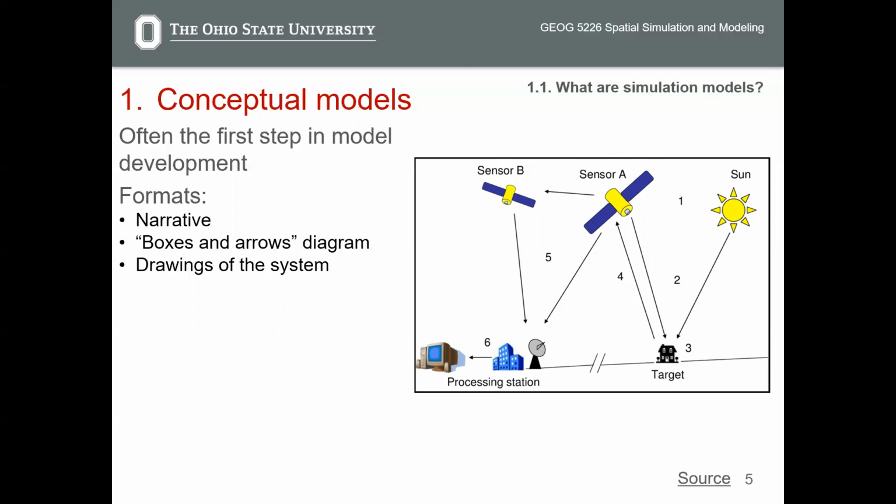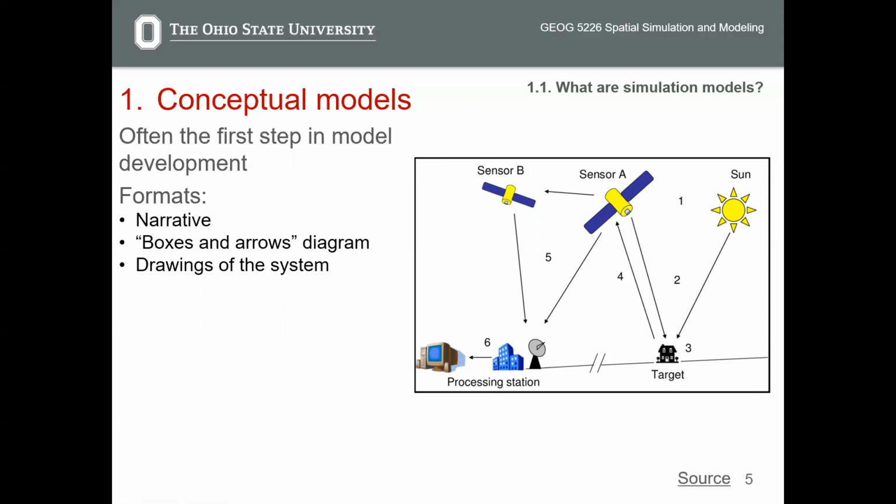And this process is divided into 6 steps. And we have numbers 1, 2, 3, 4, 5, 6. They're representing different steps or different stages of the remote sensing process. And several arrows are used to address the flow of information.